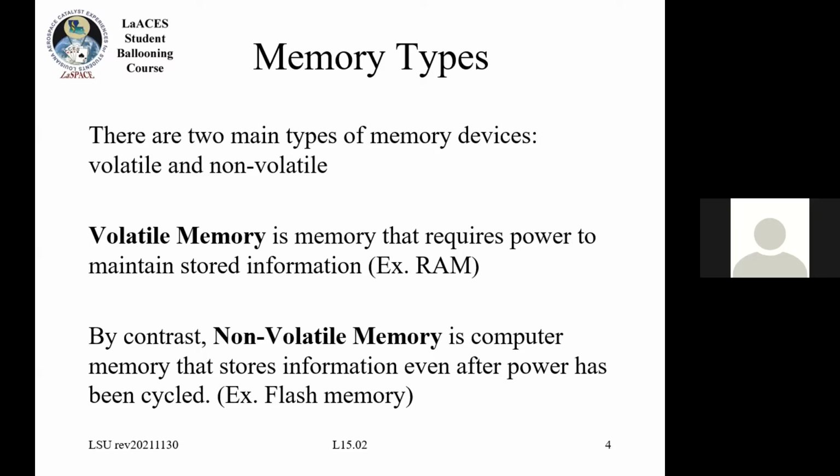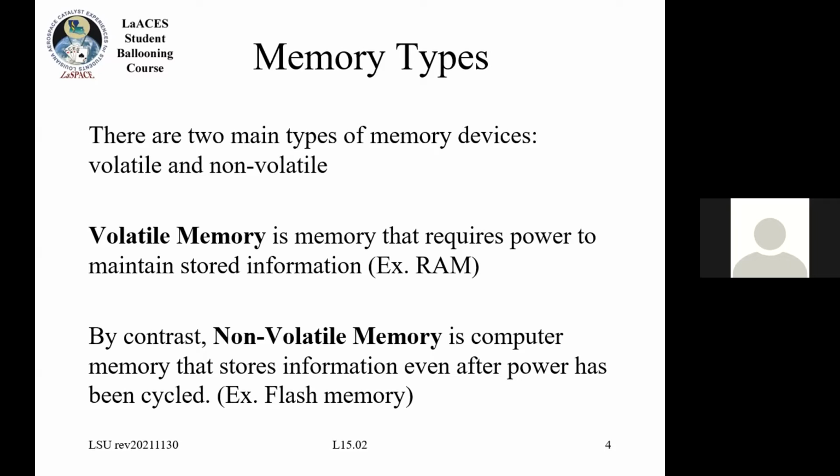And sometimes you can cheat on the volatile memory. That's why you have little coin cells in several circuits. Basically, those provide a tiny amount of power to allow you to maintain the information, because you don't need a ton of power to just keep those values alive.